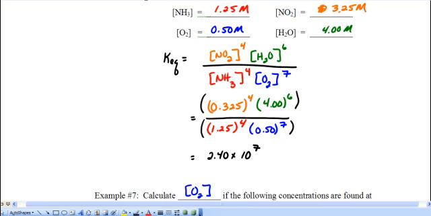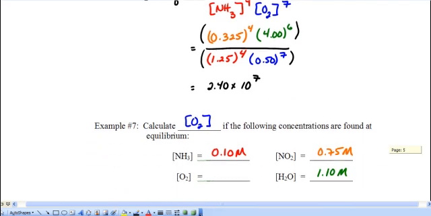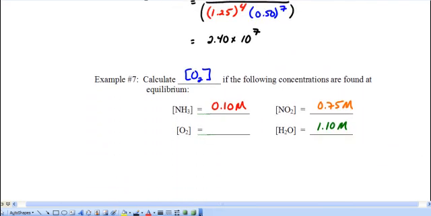Now, in example number 7, we now know what KEQ is from the previous example for this expression. Now we want to solve for our oxygen.